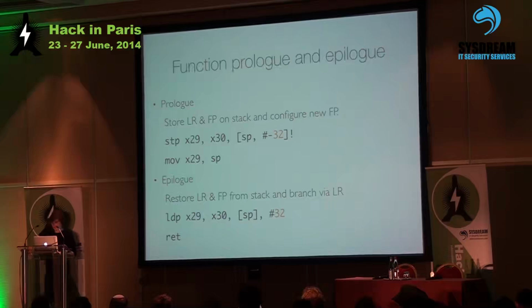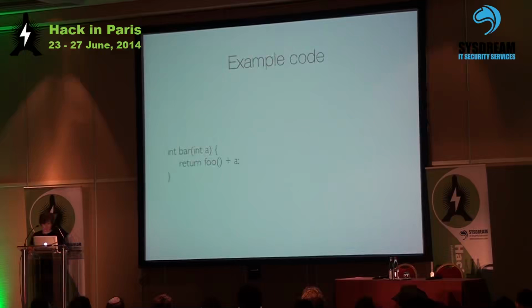So if we look at some example code of a very, very simple ARM64 function, which just takes an integer, calls another function, and adds to the result of that function, this would be what the current GCC without optimization would do. So it stores the current link register and frame pointer.